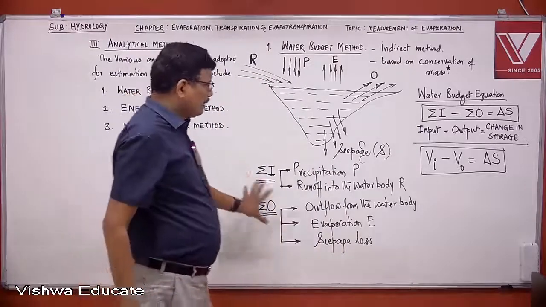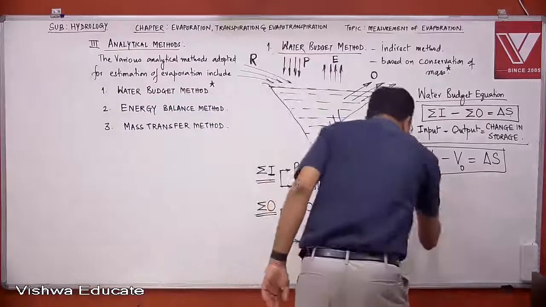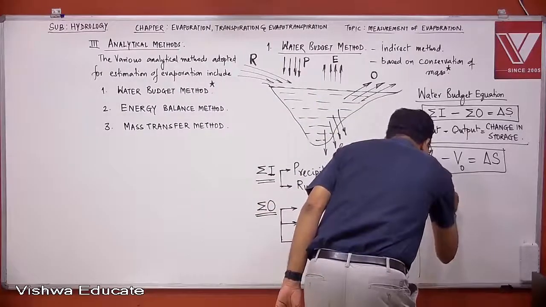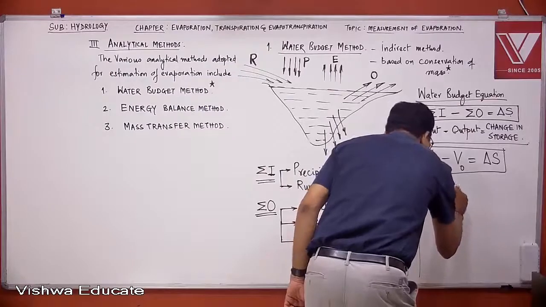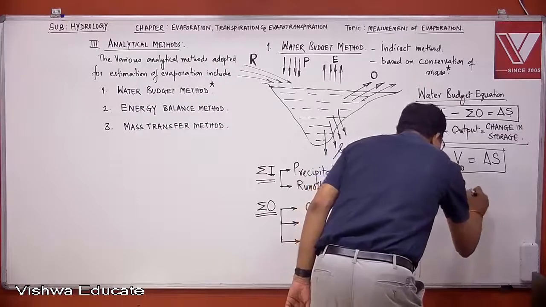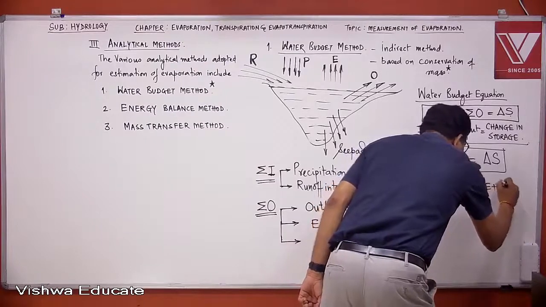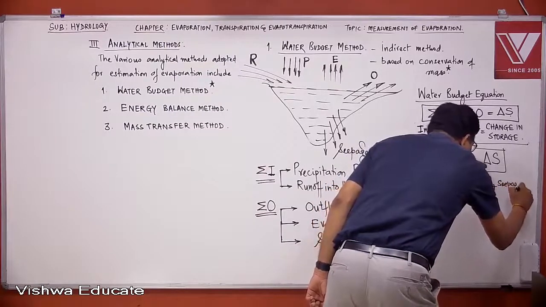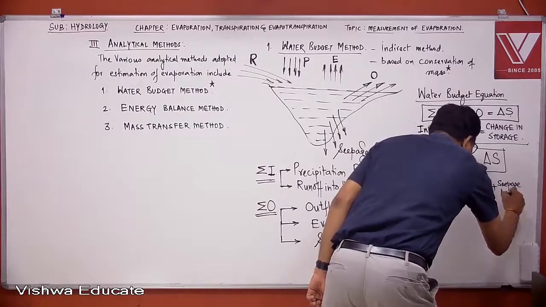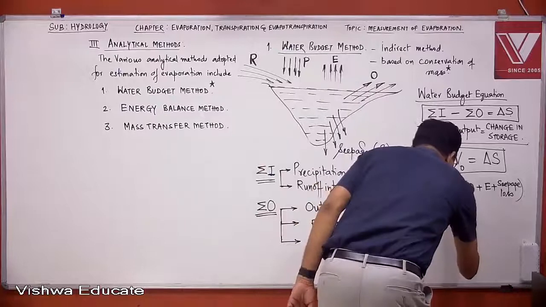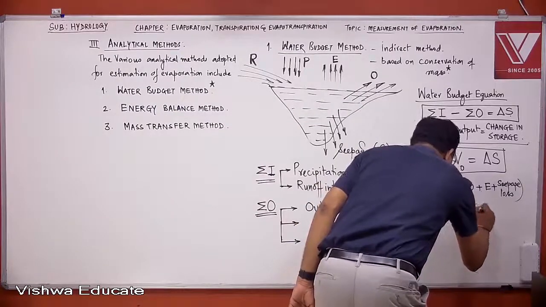So the same thing can be substituted here. So we get another form of the equation, that is P plus R minus outflow plus evaporation plus seepage loss, right? This is equal to change in storage.